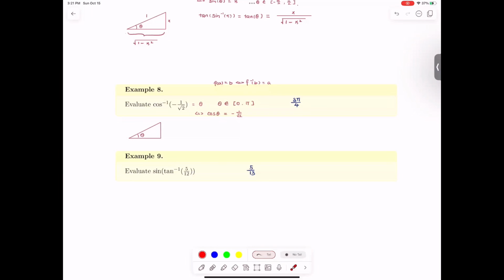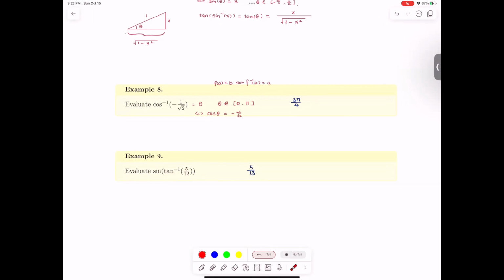Now, oh, I don't even need a special triangle here. Why? Because you just need to think what theta can make it work. Special triangle is not needed.